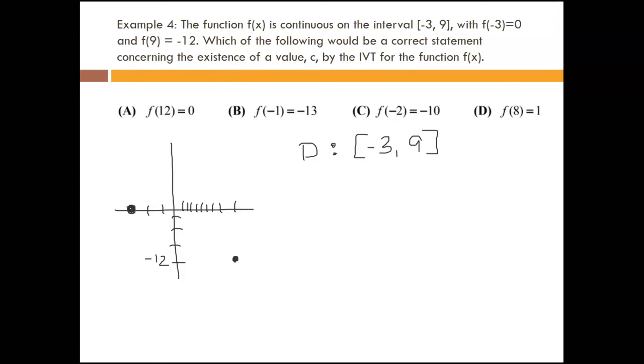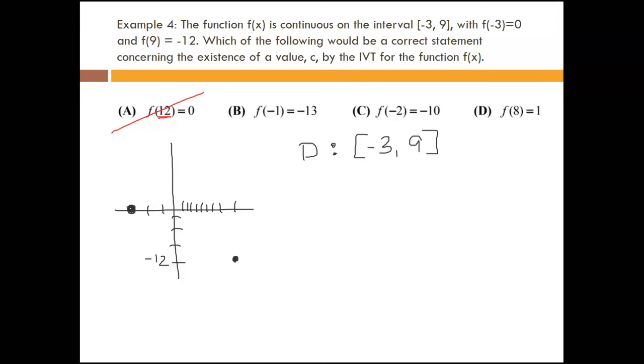So immediately I can eliminate multiple choice option A. A is not guaranteed by IVT because 12 is not in my closed interval.